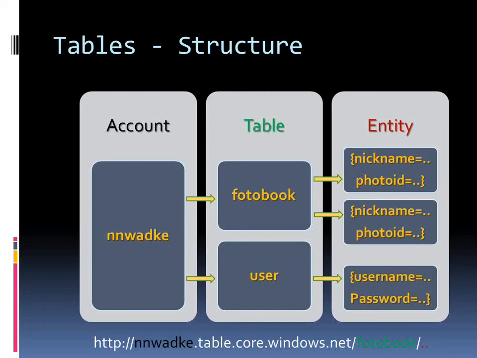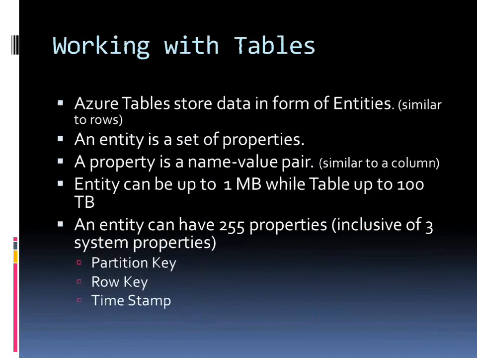So let's look at the details of Windows Azure tables. When you work with tables, the data is stored in the form of entities. In the bracket, what you see here is the similarity which I wanted to draw between Windows Azure tables and relational tables.